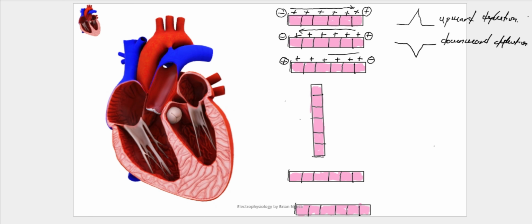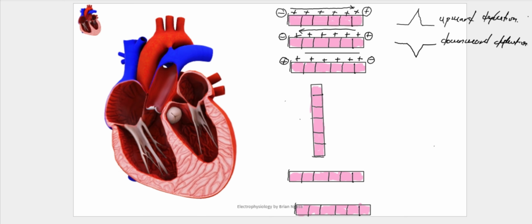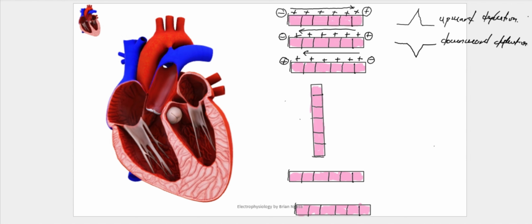And this now becomes the direction. So what will this give you? This is going to give you an upward deflection.